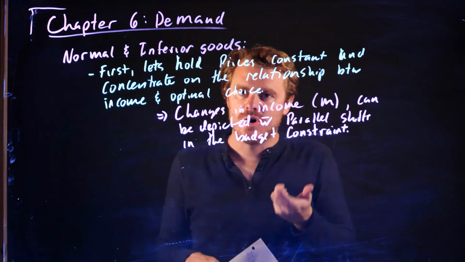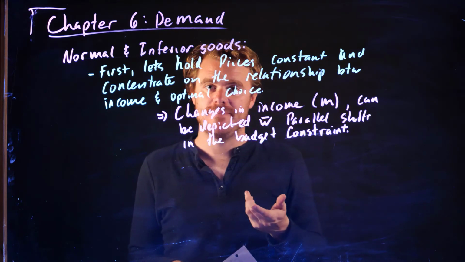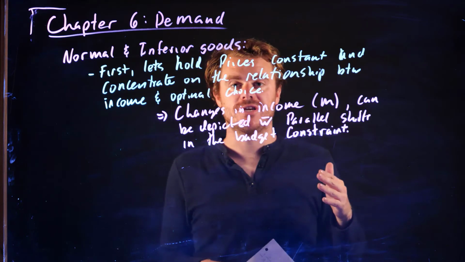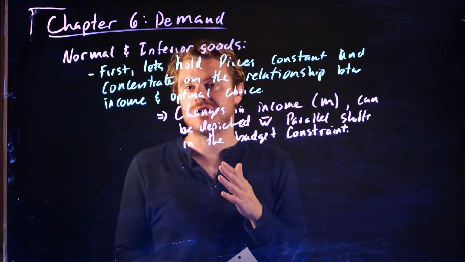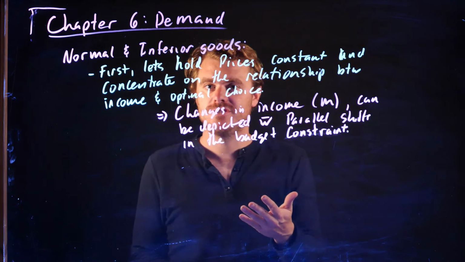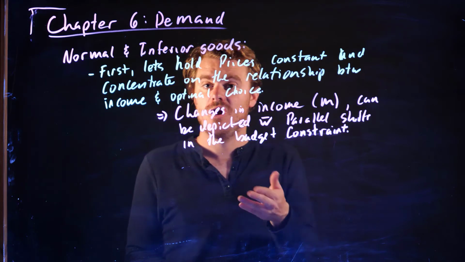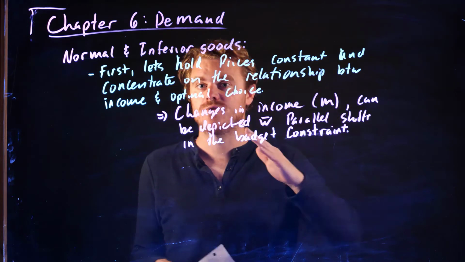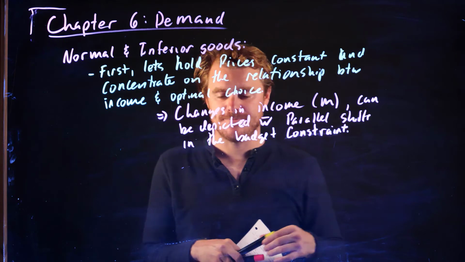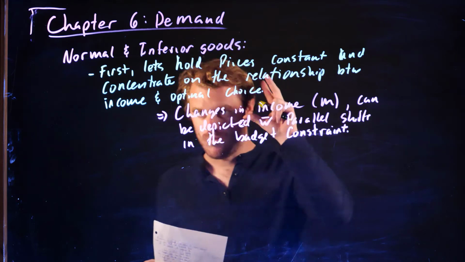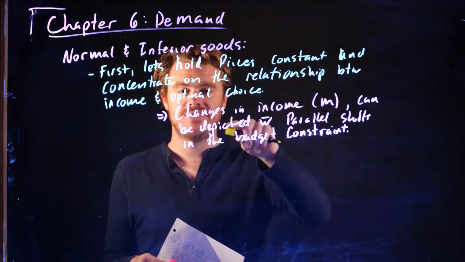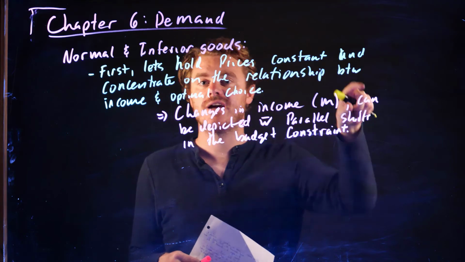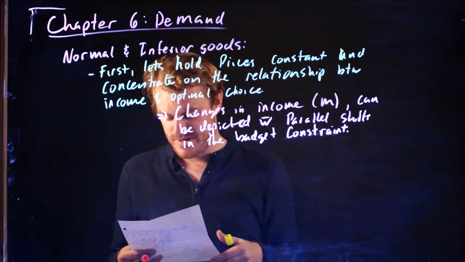The slope of the budget constraint was still the same. It was just further from the origin. And if we had a decrease in income, that was a shift in of the budget constraint. The slope didn't change because the price ratio didn't change. All that was happening is a parallel shift towards the origin. So that's what's going on in the budget constraint, and now we think about the relationship between those changes in income and what the optimal choice would be.